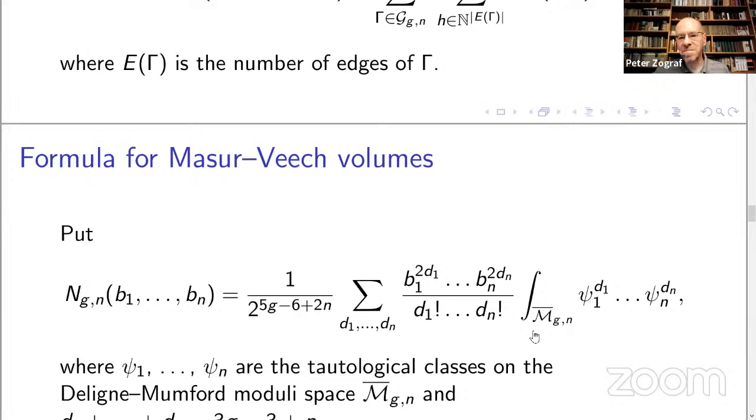The generating function of these intersection numbers is the famous object introduced by Witten, who conjectured that this generating function satisfies the hierarchy of Korteweg-de Vries equations.